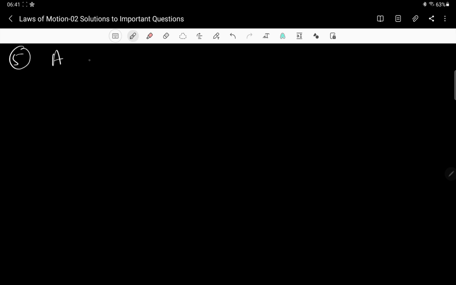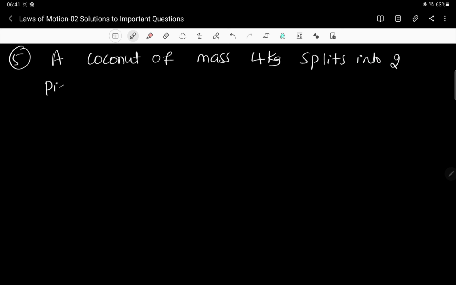Now this fifth question: a coconut of mass 4 kg splits into two pieces, each of mass 1 kg and 3 kg.